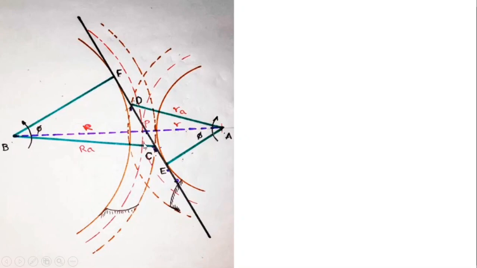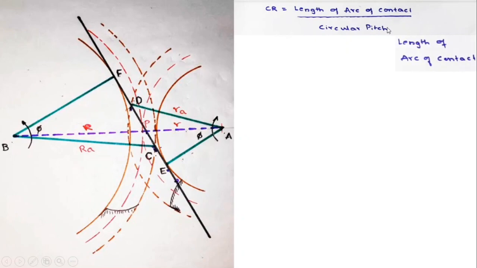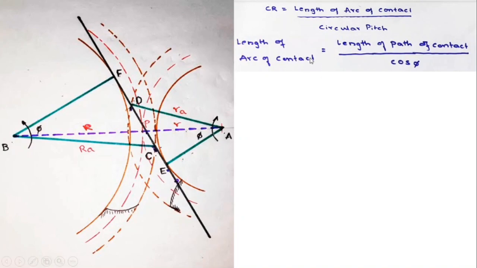Now we shall see how to derive the expression for the contact ratio. As per the definition, contact ratio in this case we will denote as CR. It is the ratio of length of arc of contact to the circular pitch. Now the length of arc of contact is length of path of contact upon cos phi. I have already shown this in the previous lecture on the derivation of length of arc of contact.